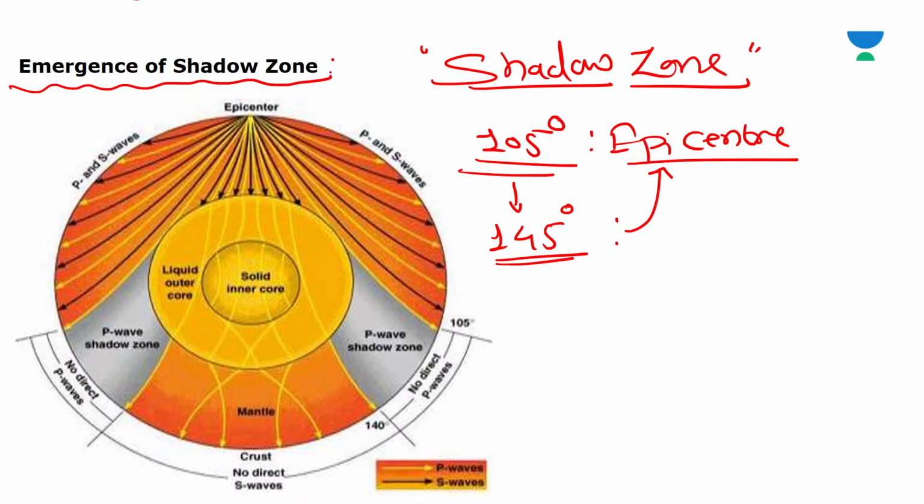Now, the entire zone beyond 105 degrees does not receive S waves. So the shadow zone of S waves is much larger than that of the P waves.